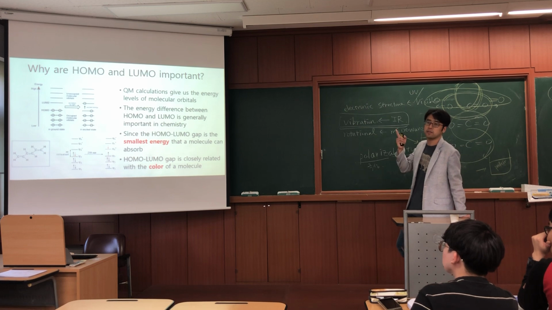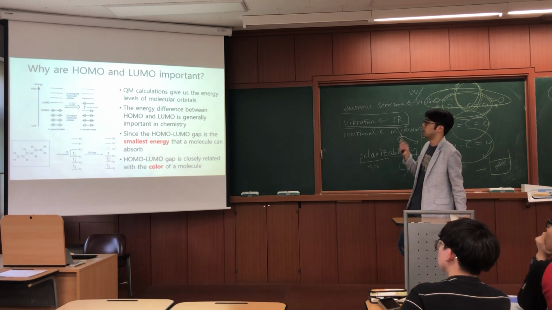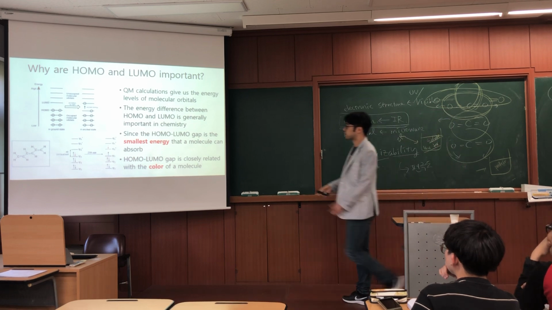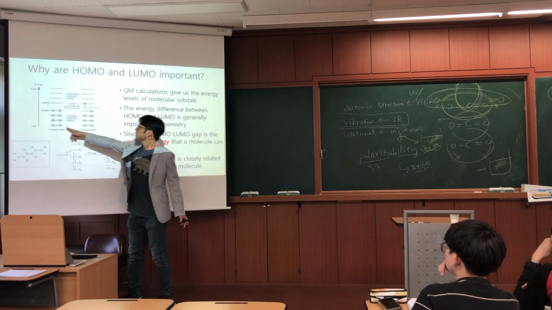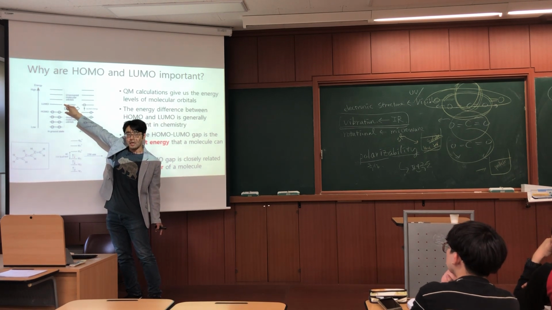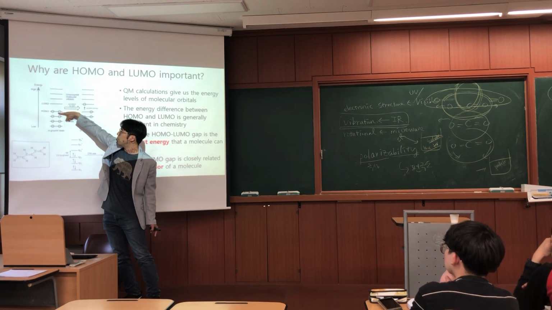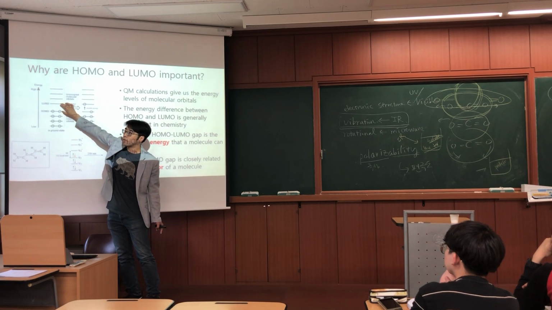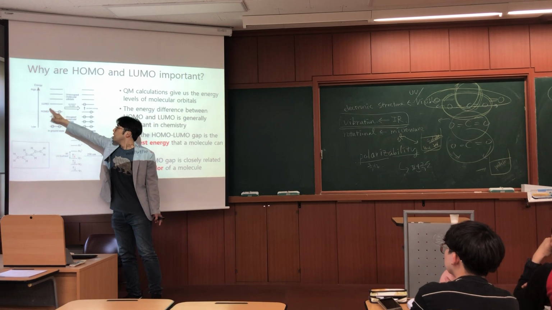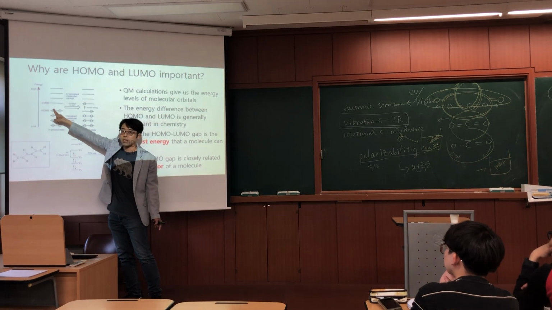HOMO means highest occupied molecular orbital, and LUMO means lowest unoccupied molecular orbital. And why do we care about HOMO and LUMO so much? Because if electrons are filled like this, the HOMO-LUMO gap, the energy difference between the HOMO and LUMO orbitals, corresponds to the smallest, lowest energy that an electron can absorb, right?